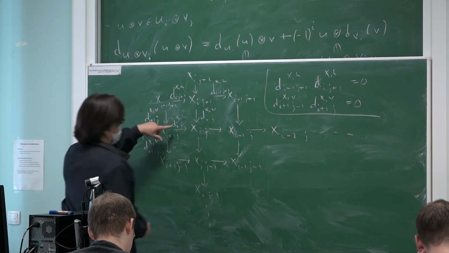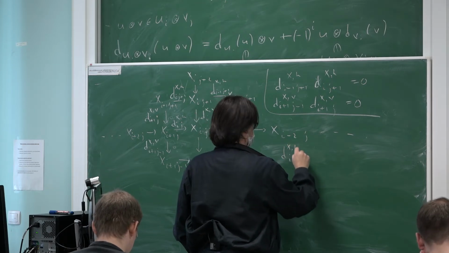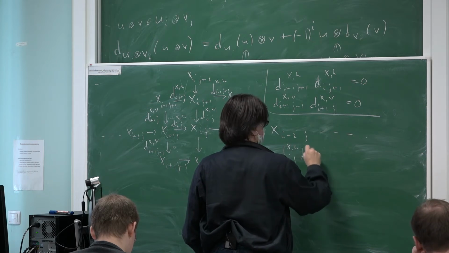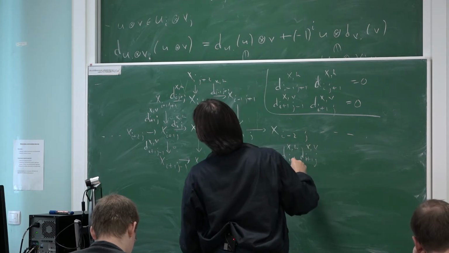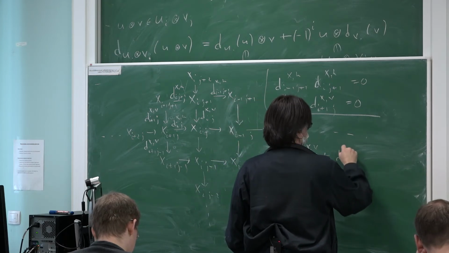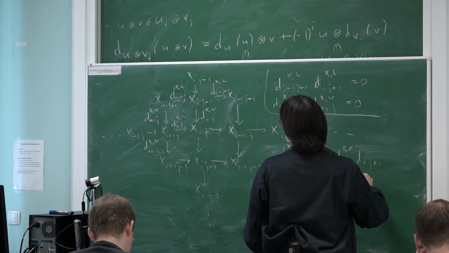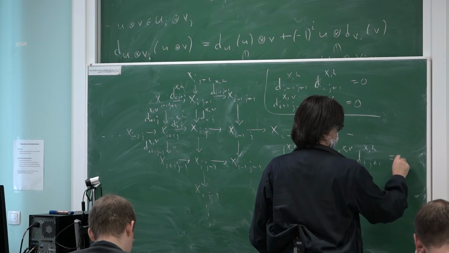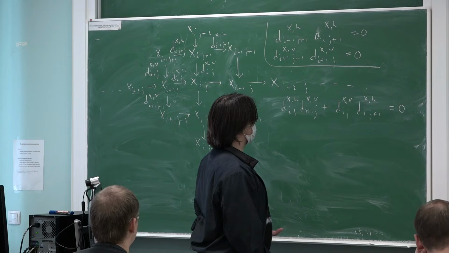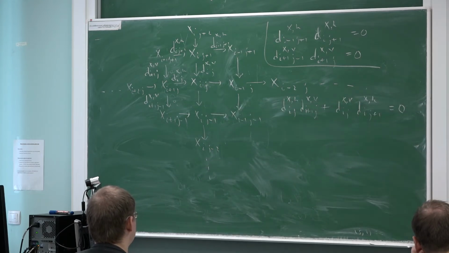And the commutativity condition: d^h_{ij} d^v_{i+1,j} plus d^v_{ij} d^h_{i,j+1} is 0. It's the anti-commutativity condition.